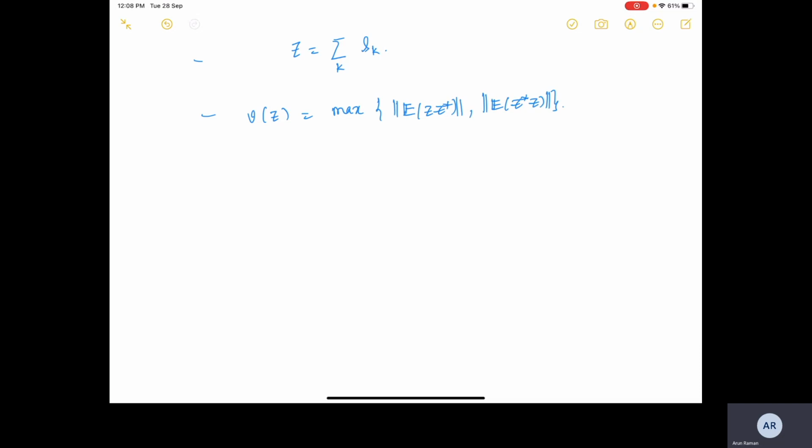Then the matrix Bernstein inequality tells us two things. The first thing is that the expected value of the spectral norm of Z, that is the sum of those matrices, is upper bounded by this quantity.